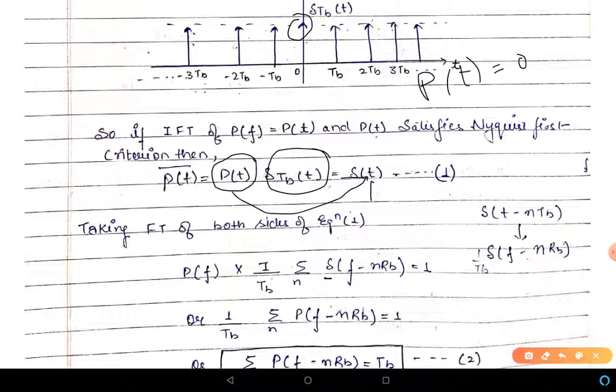So if I multiply delta TB with that P(t), the multiplication in this region will yield 0.